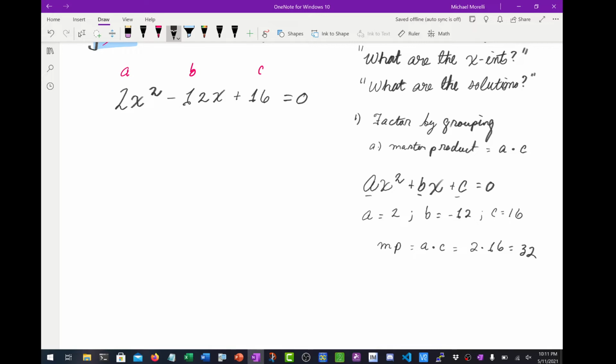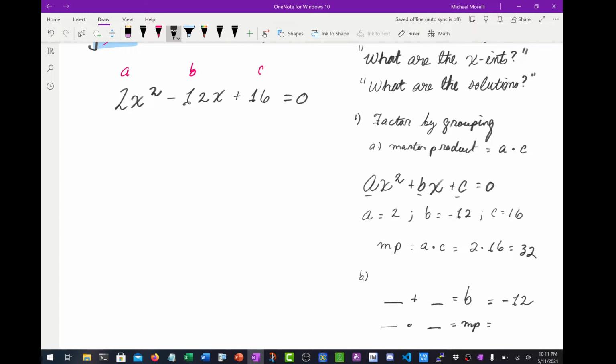And so if I'm going to try simple factoring, what I need to do is I need to find two numbers that add to equal B and multiply to equal the master product. Okay, so remember in this case, B is negative 12. So they need to add to be negative 12.